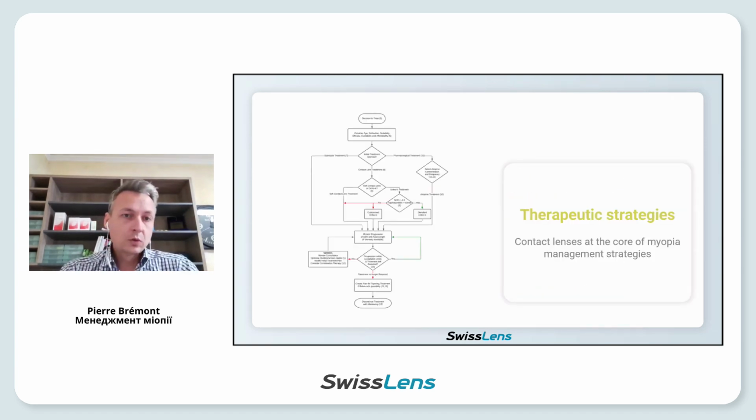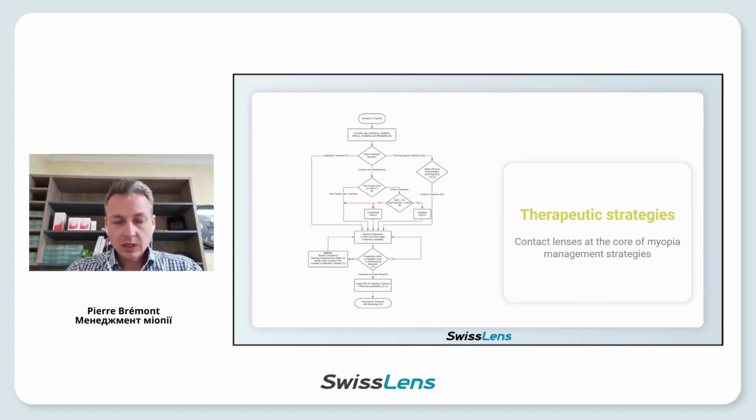So what to decide when you have a new patient? There are different decisions to make in your approach. You need to know if they are high myopes or low myopes. It will bring you in your decision tree if you need to adjust your ortho-K lenses with personalized options.